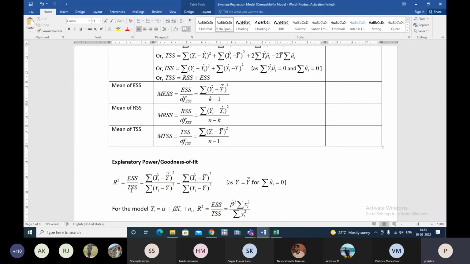Again, we'll discuss that when we discuss the issue of multicollinearity. But essentially, this R-square value is definitely an important indicator of the suitability of a model, how good the estimated model is, and that is why this R-square value is also known as an indicator of goodness of fit.